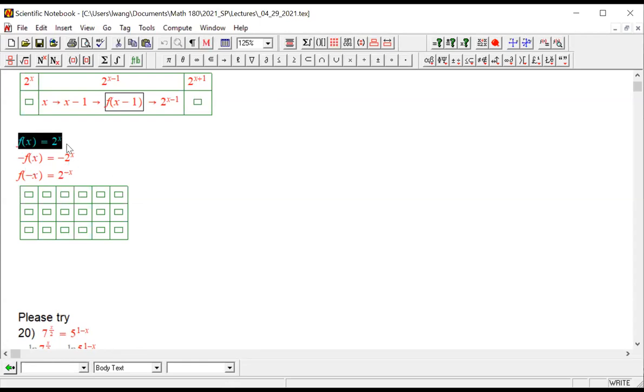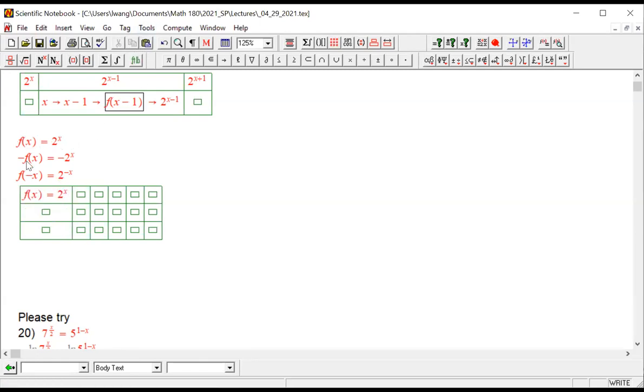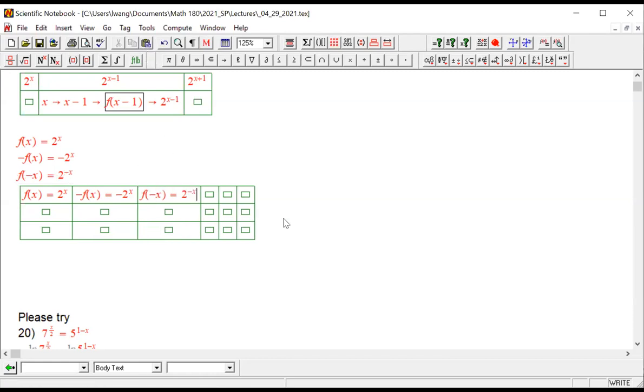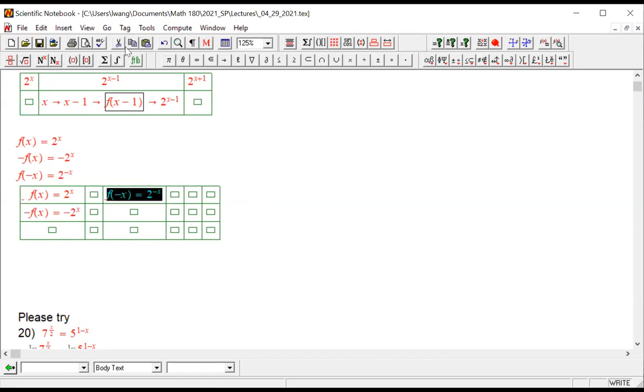So we have 2 to the power x over here, negative of f of x, and f of negative x. I want you guys to do the sketch.